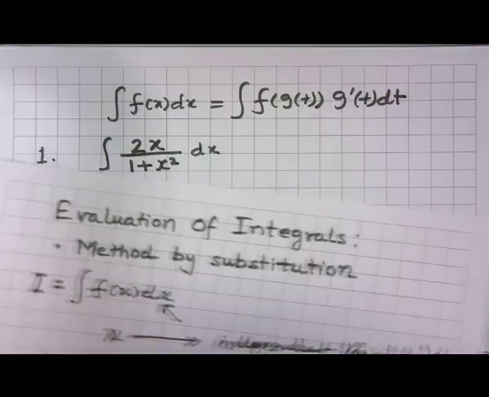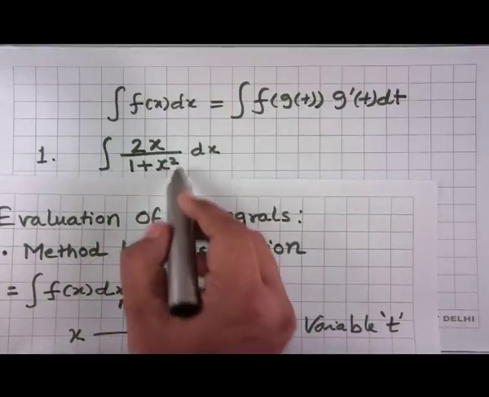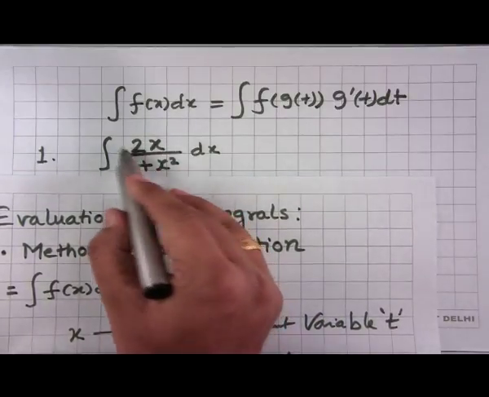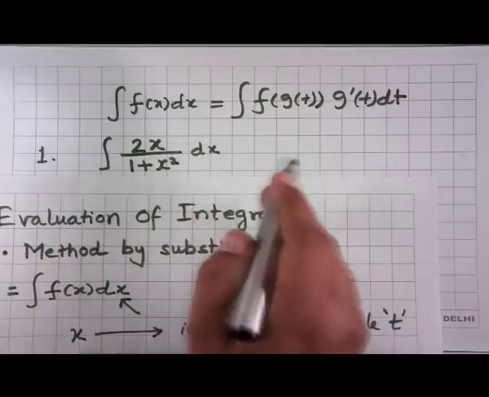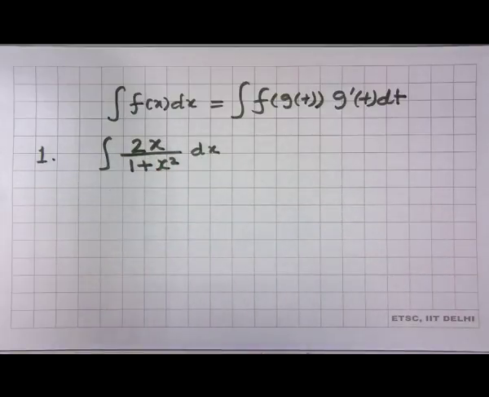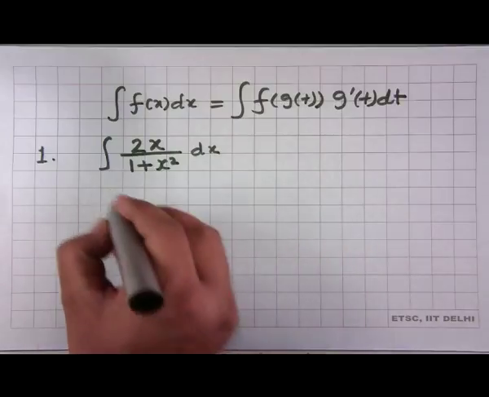If I think of this function as g x, then this is nothing but g prime x dx, and therefore, I can convert it into a new variable t. Let us see how we can do it.